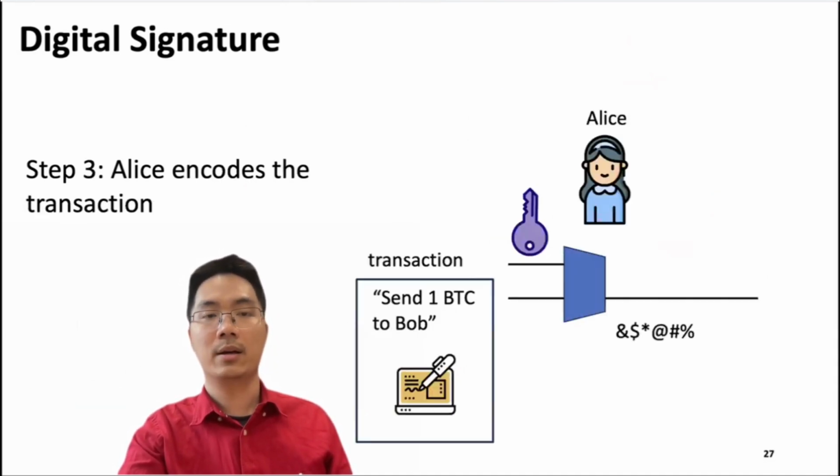Next, Alice will encode a transaction. A transaction will include the content as well as the digital signature. She will encode the whole transaction into encrypted data using the public key of the server. So remember that here we use the public key of the server.